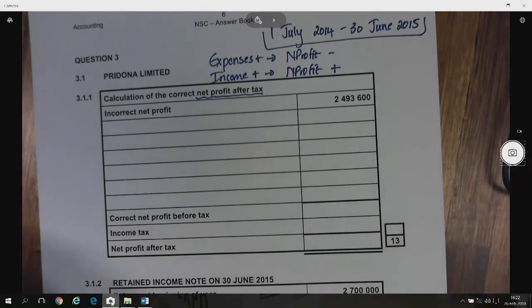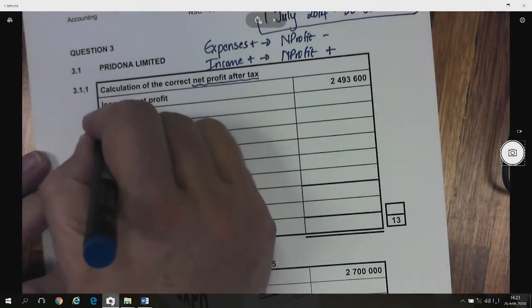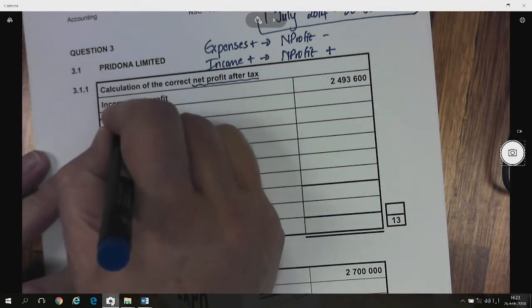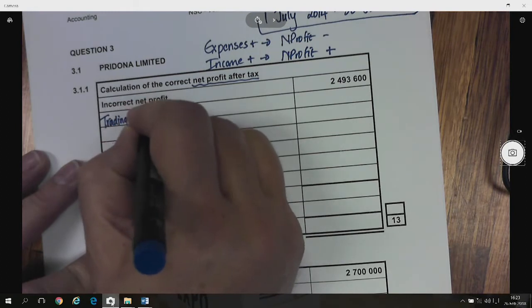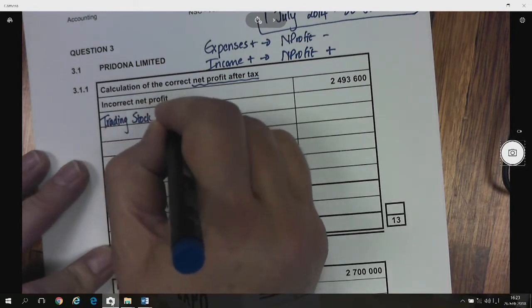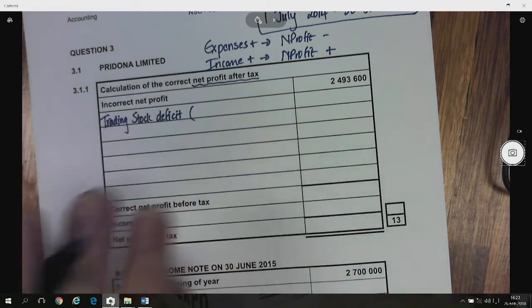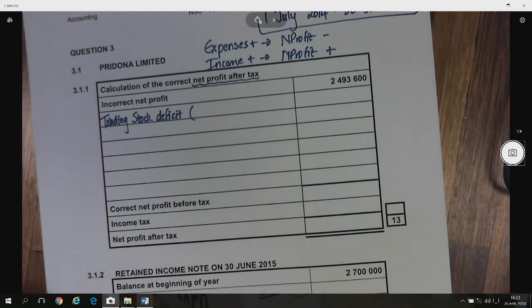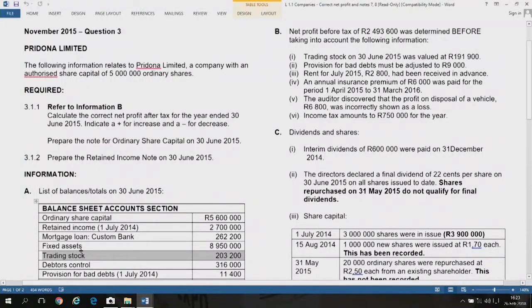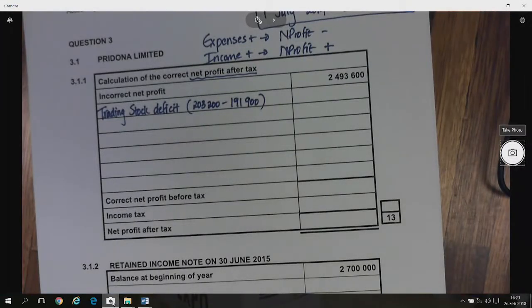The first one was trading stock deficit. So we write the trading stock deficit, and the calculation is the trading stock in your information, 203,200 minus 191,900.